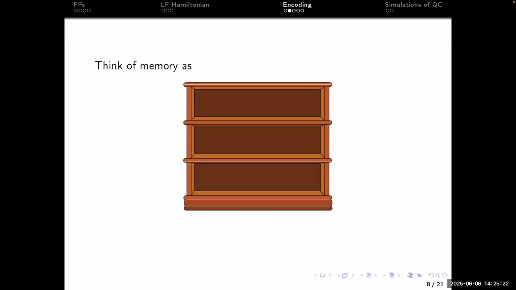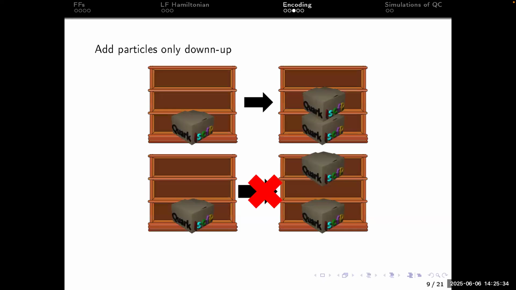And then we have the problem that we have to define a state of several particles. We can imagine that our quantum memory is a bookshelf, and we want to put particles on there. So we will start with 1 particle in the bottom shelf, and we put the second in order, so in the second shelf, not in the third. So we have to define somehow how the memory is filled, and we define it this way.